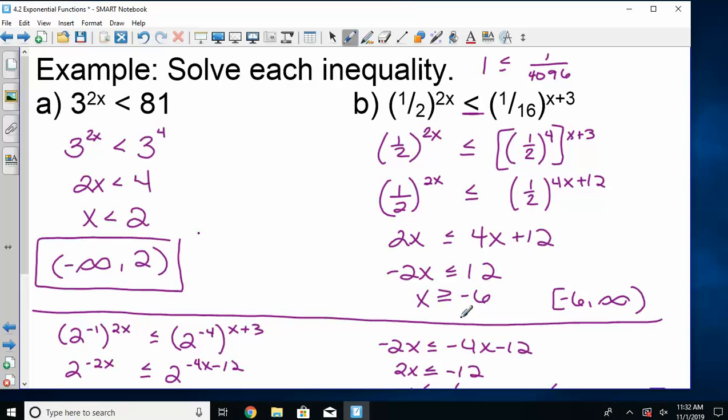Let's try it. -7. Okay, if you put a -7 in, you get 1/2 to the -14, less than or equal to -7 plus 3 would be -4. And that one is true.